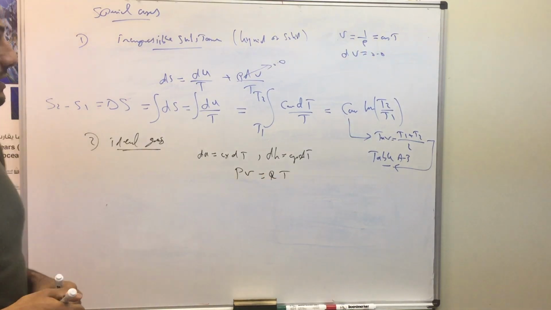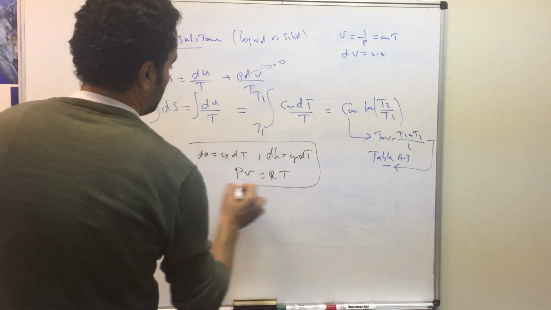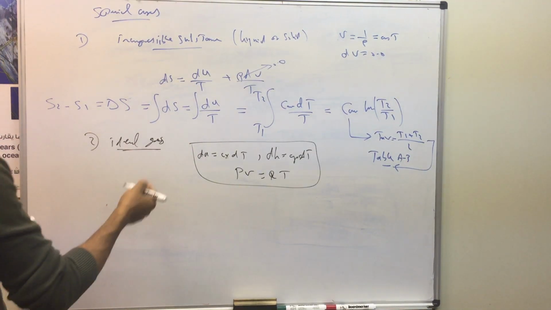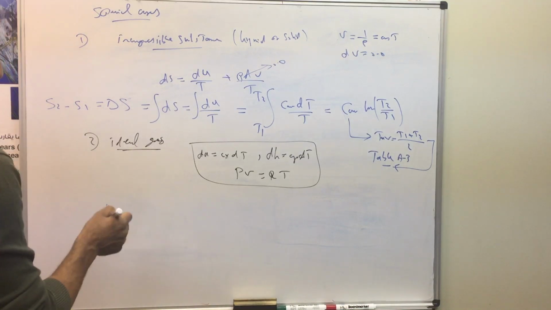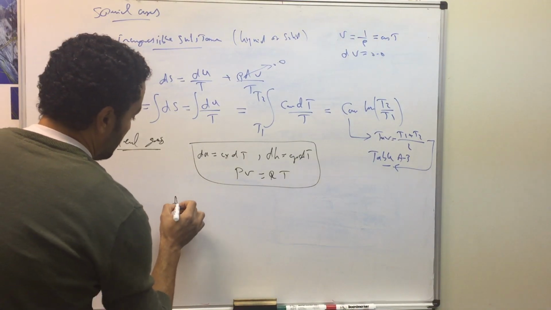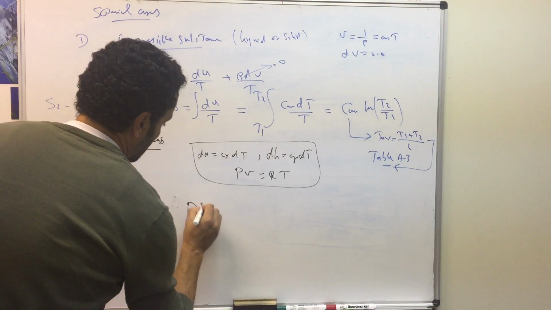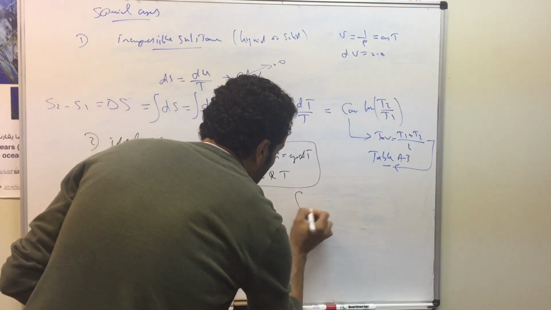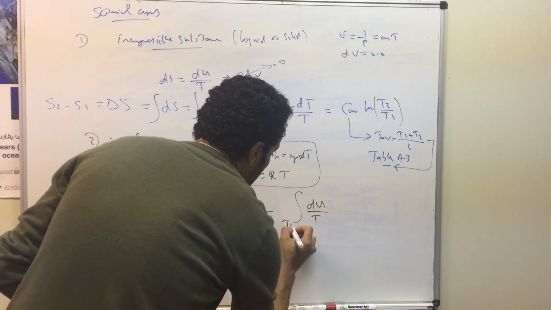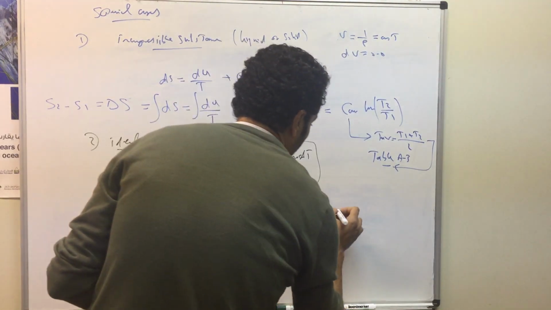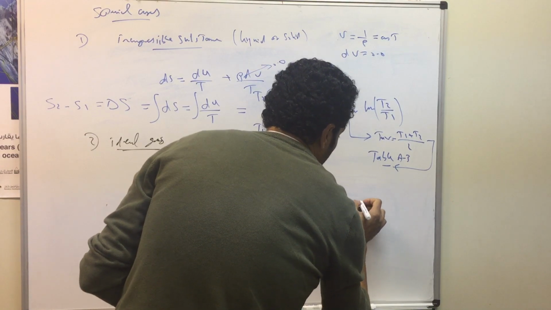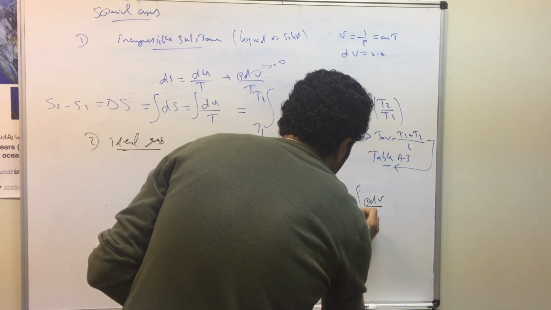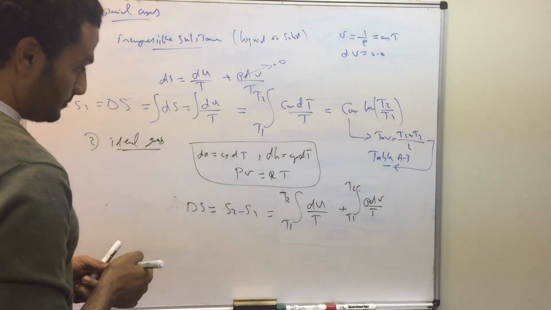If we take those three equations and substitute them in the Tds relation and do the integration, and here I will be writing the final equation, then in this case we can get delta S, which is S2 minus S1, will equal the integration of delta U over T from T1 up to T2 plus the integration of PdV over T also from T1 up to T2.